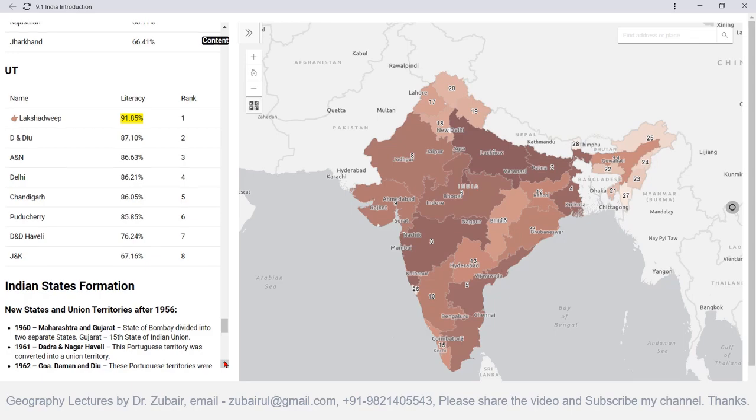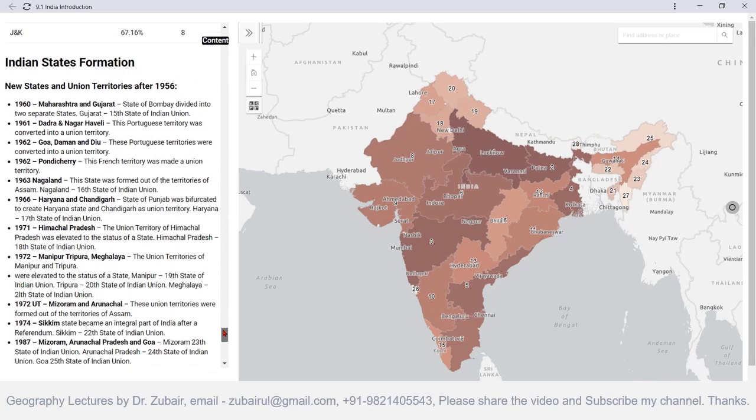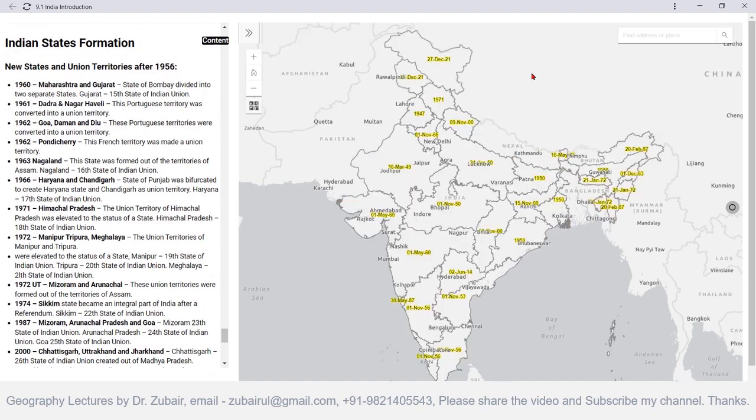If you see the states' formation, there are some states which were formed recently. That is Jammu and Kashmir and Ladakh Union Territory, very recent, in December 2021. Similarly, Telangana was formed in 2014.